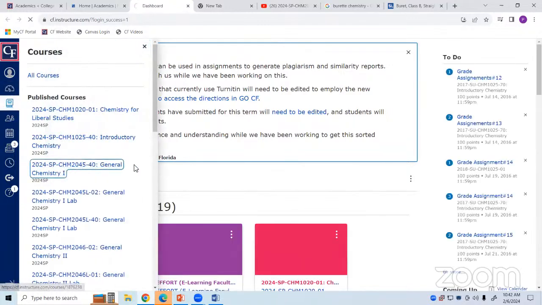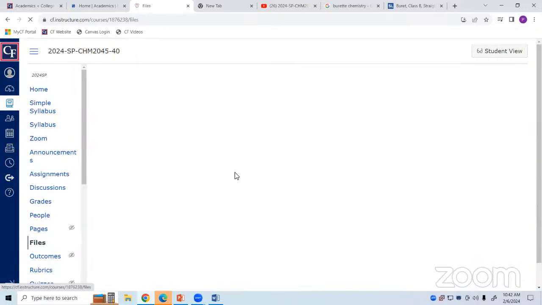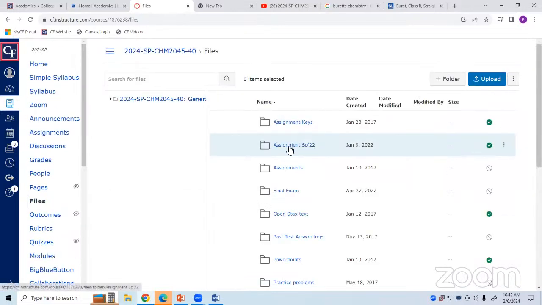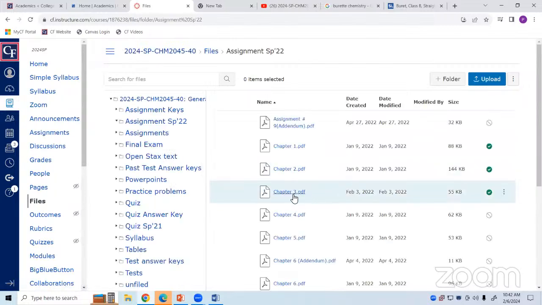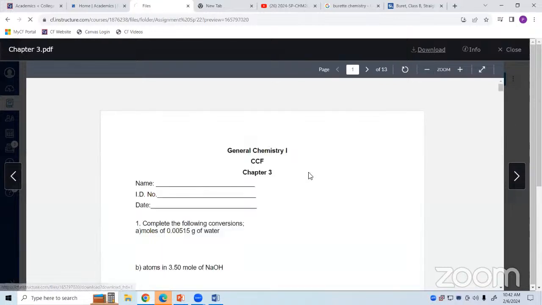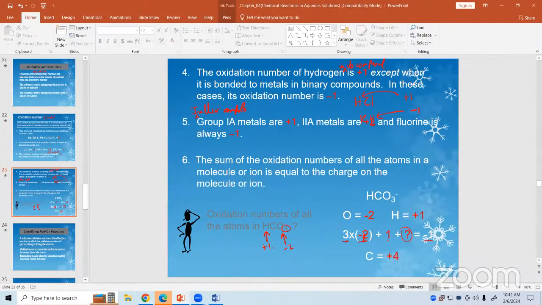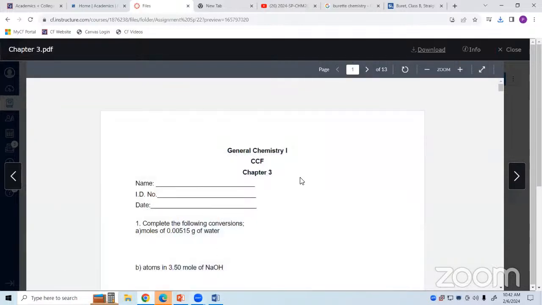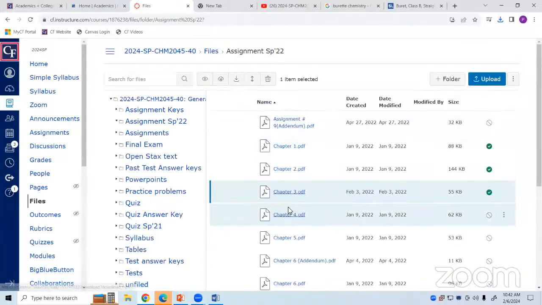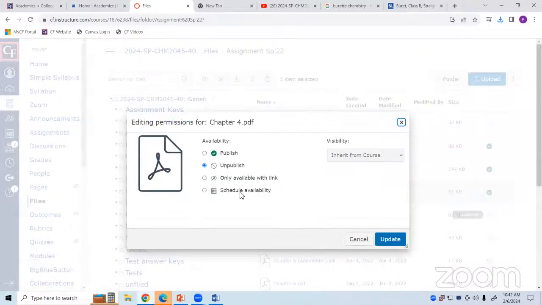Under files, and then assignment 3. Wait, was it 3? Four. I keep choosing the wrong one. 4. Okay, so let me publish it now.